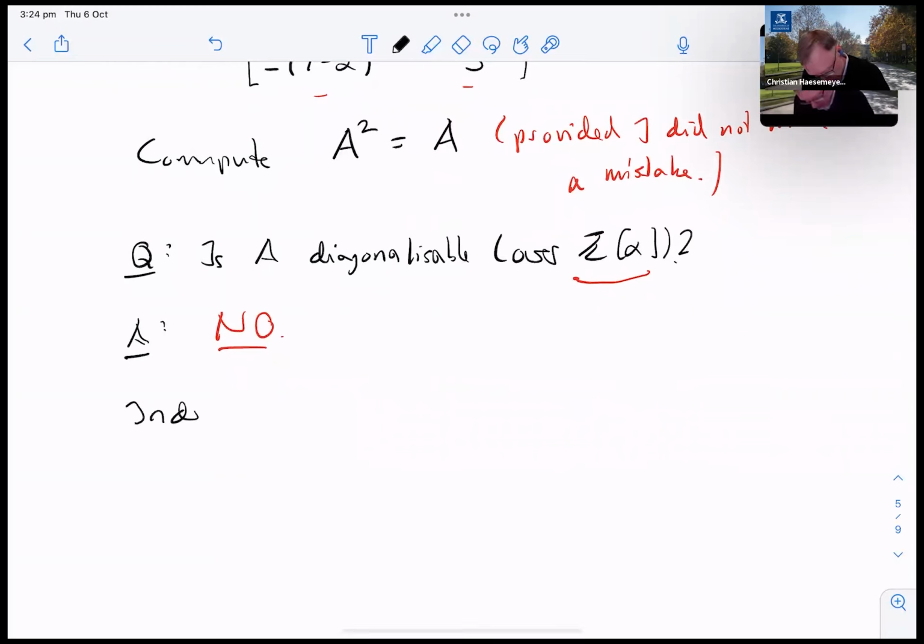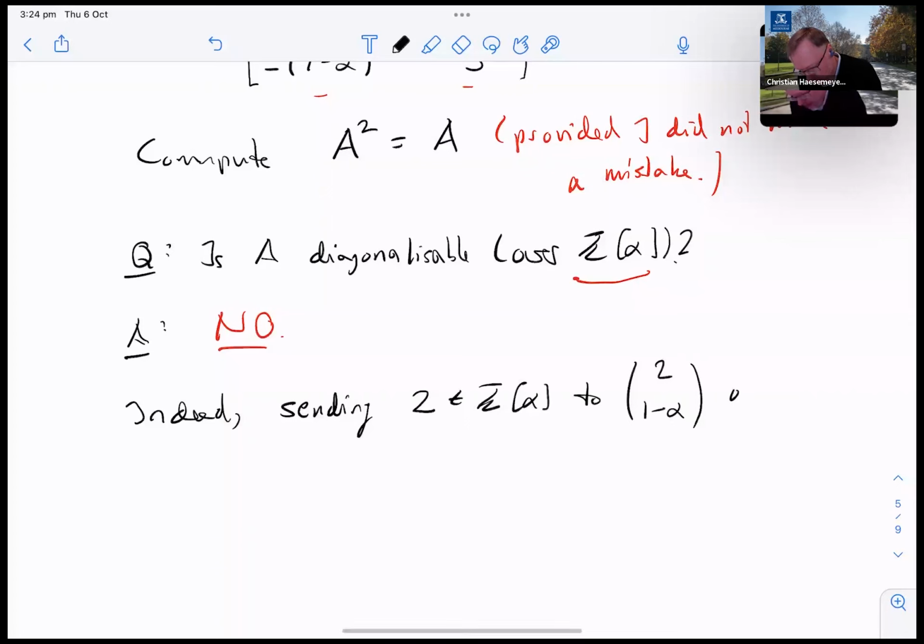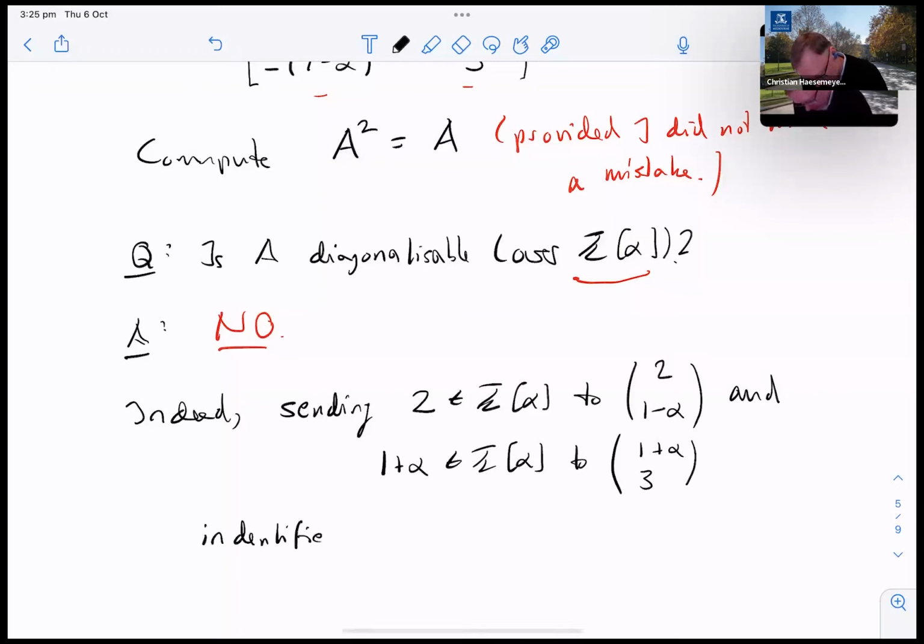So indeed, if we send 2 in Z[alpha] to the vector (2, 1 minus alpha), and we send 1 plus alpha in Z[alpha] to the vector (1 plus alpha, 3), then this identifies the ideal.